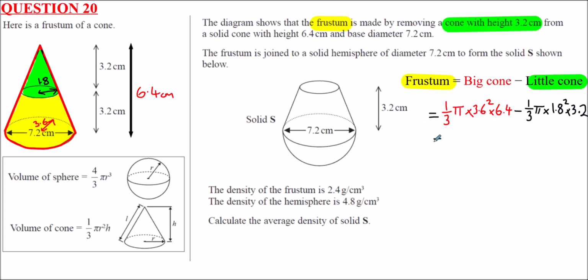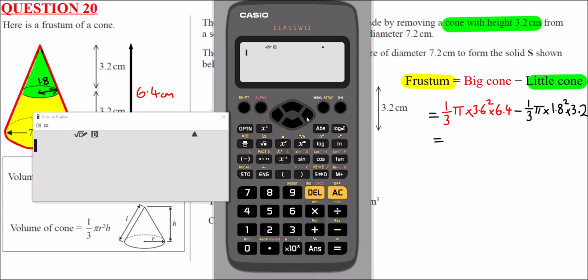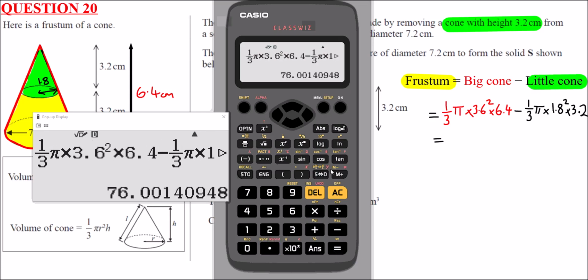So if we calculate this, 1/3 shift standard form button pi times 3.6 squared times 6.4, then minus 1/3 shift pi times 1.8 squared times 3.2, we get here 76.001.